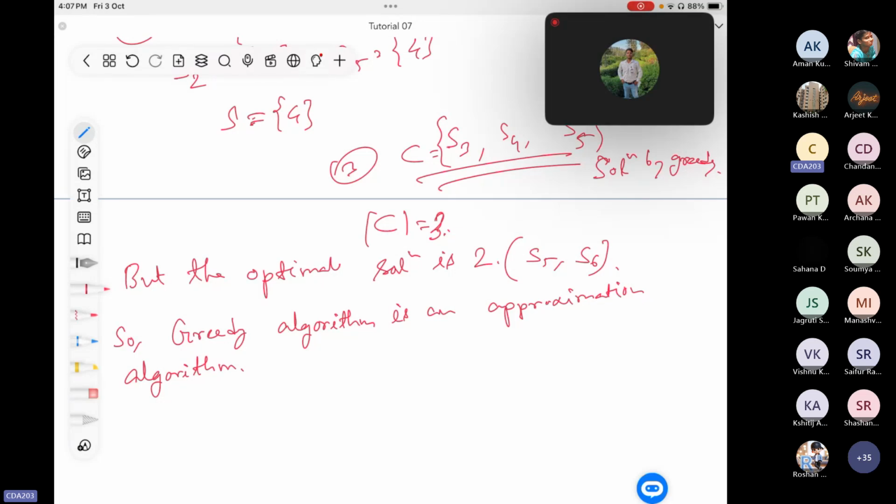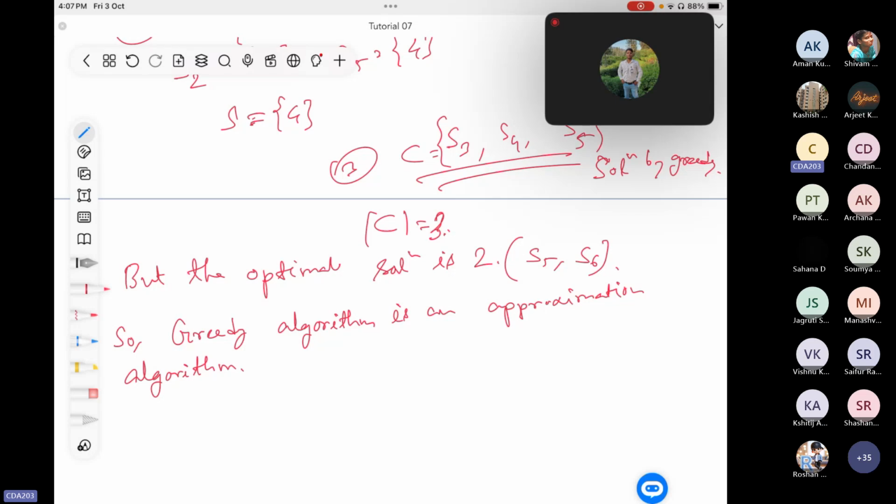There is an approximation factor associated with these approximation algorithms. This approximation factor is a measure of closeness. It is the ratio of your solution, the solution obtained by the algorithm, and the actual optimal solution.